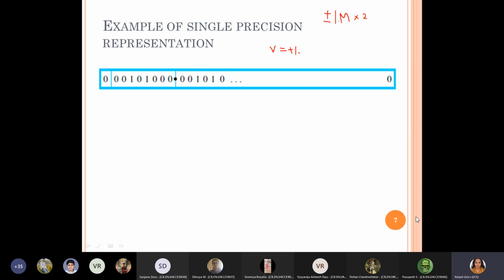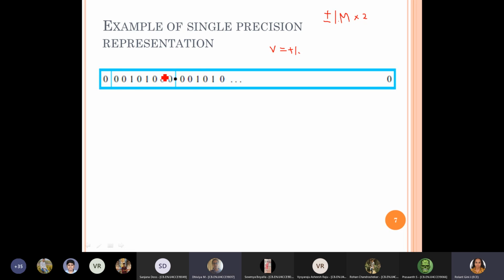So now you have the standard format for reference. Now you people tell me what comes next. The mantissa part, ma'am.